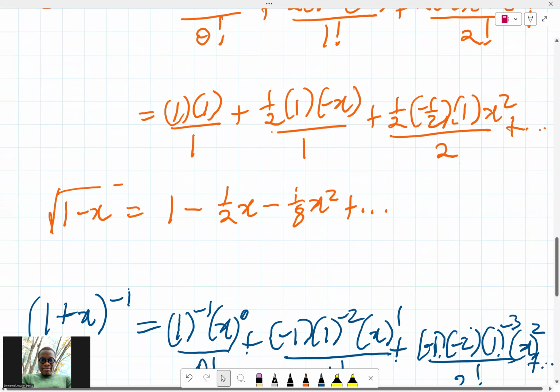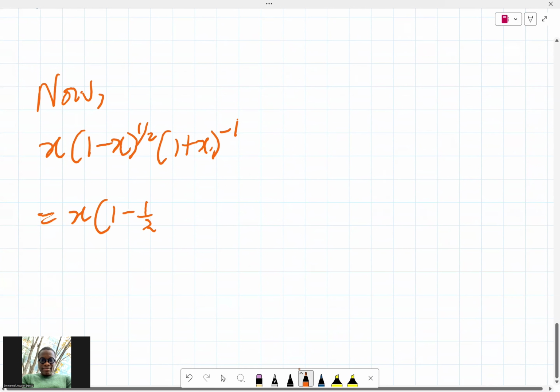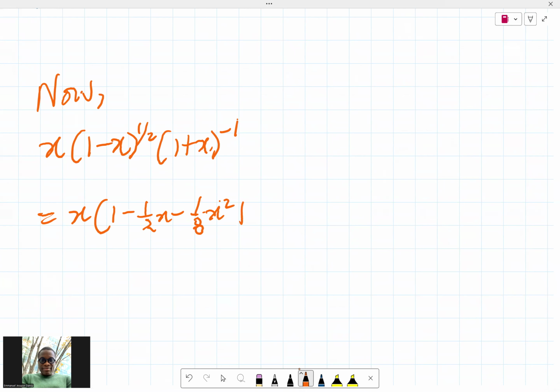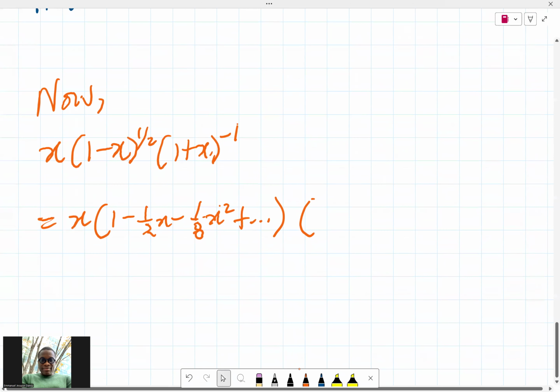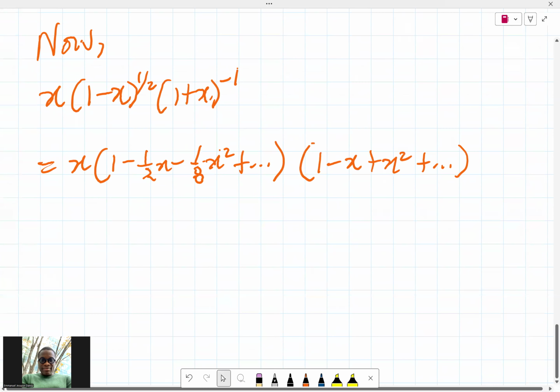That's 1 minus half x minus 1 over 8 x squared, and all that, into 1 plus x raised to power minus 1. That's 1 minus x plus x squared, and all of that also continues.